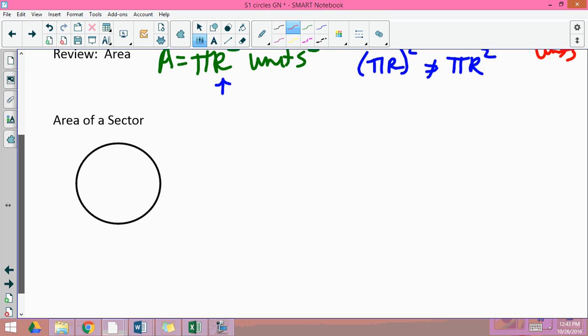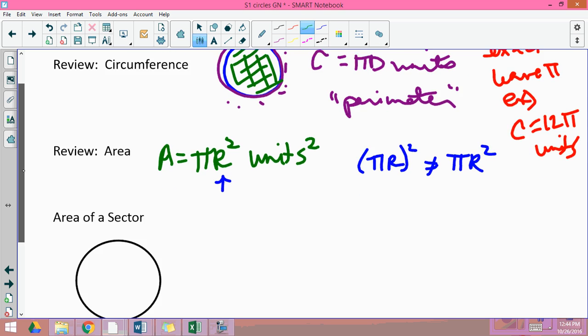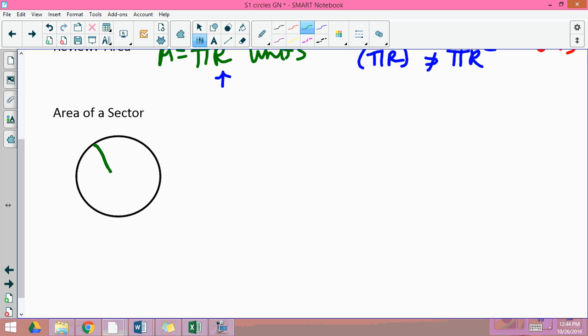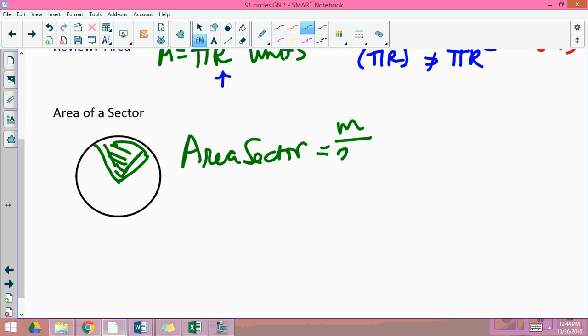Area of a sector is exactly what it sounds like. It's going to be some fractional portion of the circle. The area of a sector is the measure of the angle divided by 360 times pi r squared. So what is this formula?